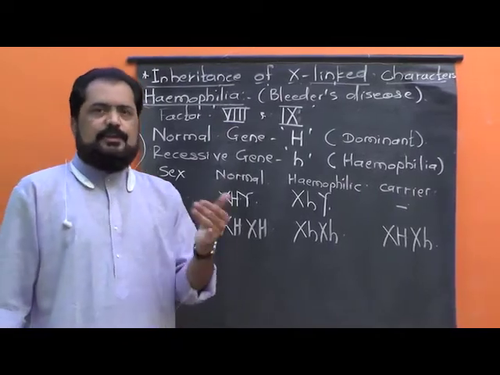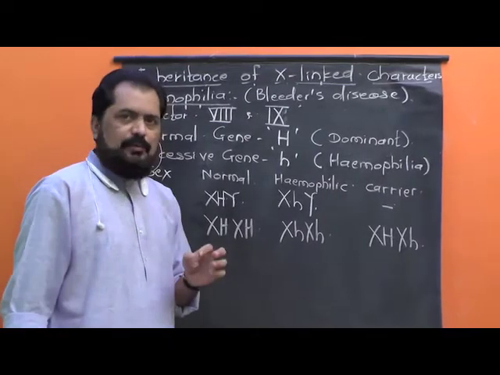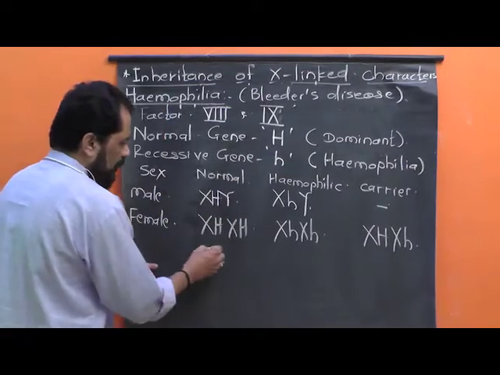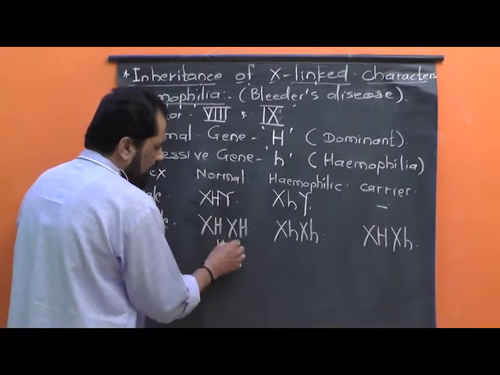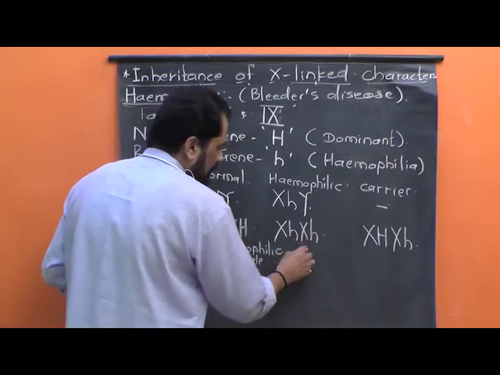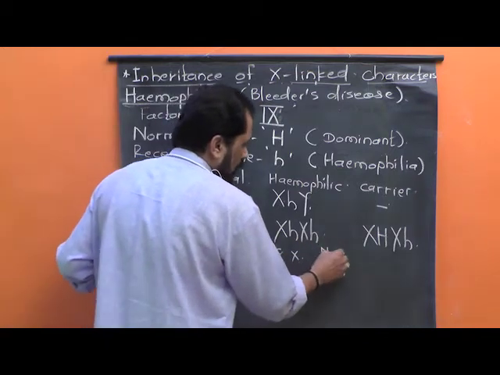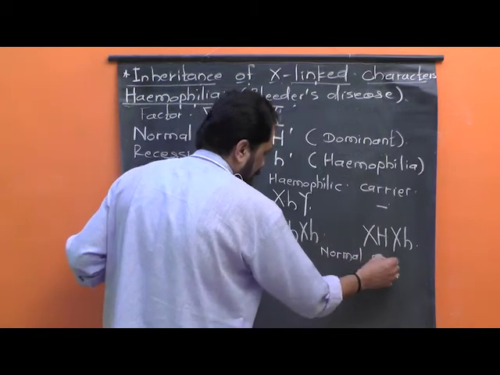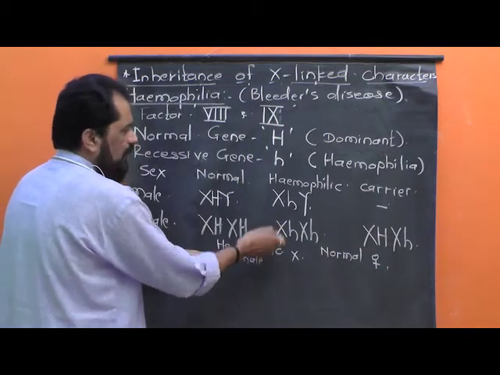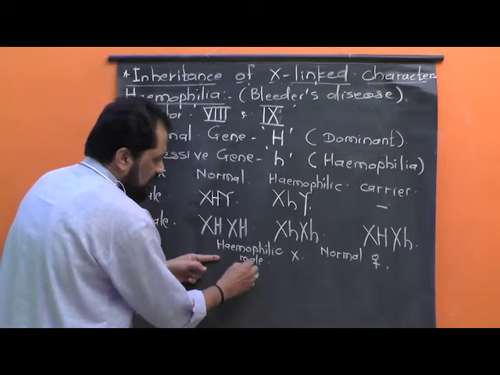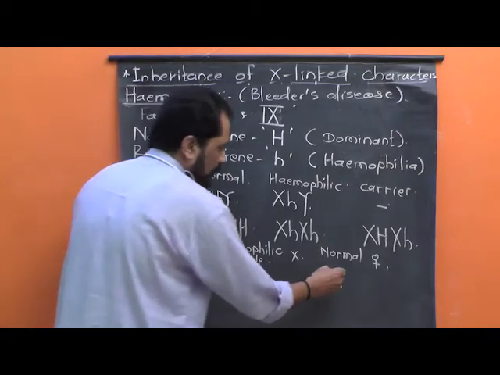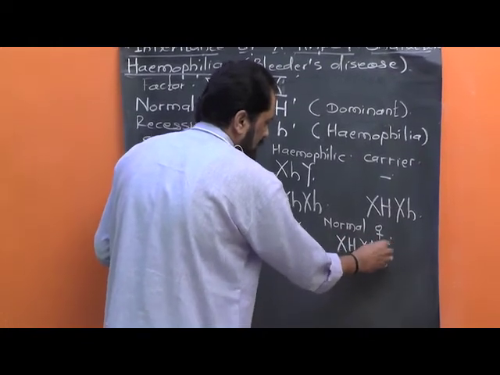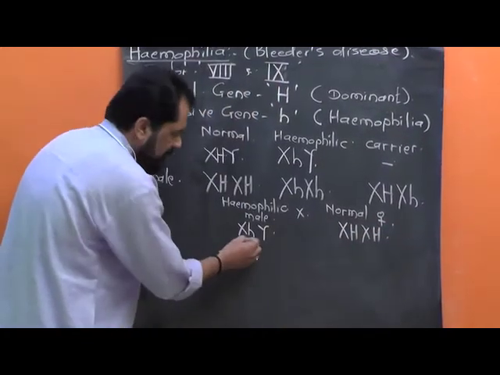Now let us try to understand the mechanism of transmission of this trait, hemophilia. First of all, if the hemophilic male marries with normal female, very simple, genotype of hemophilic male X small h Y, that of normal female X capital H X capital H. Gametes.